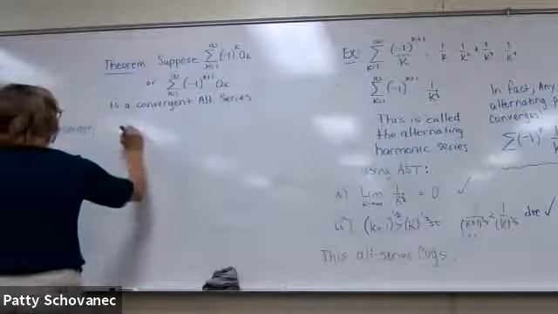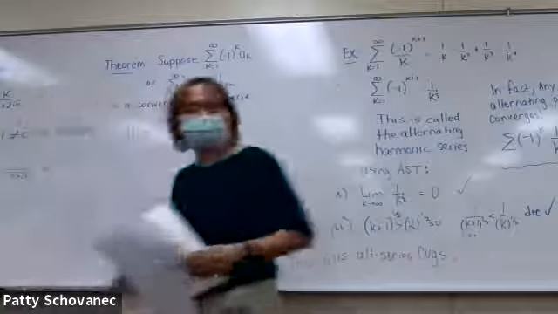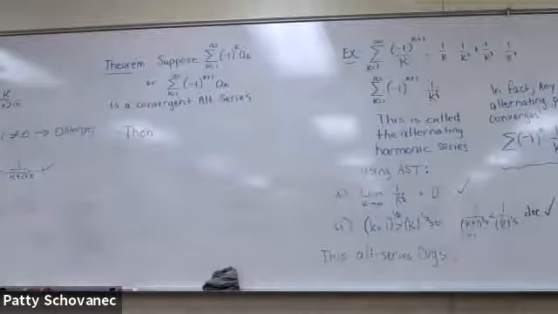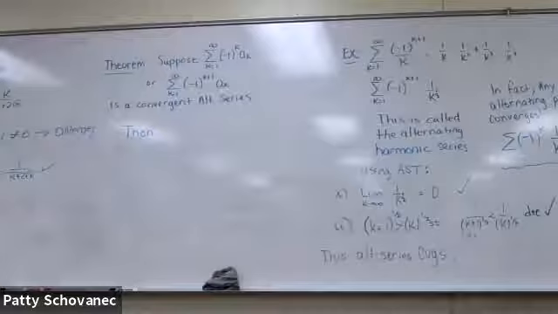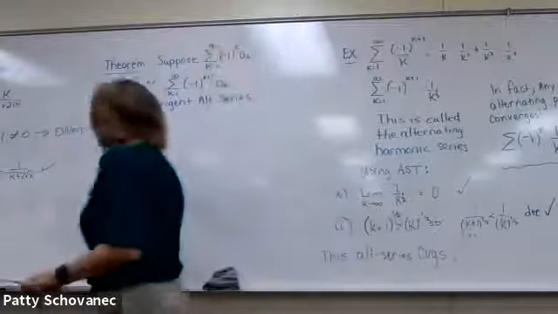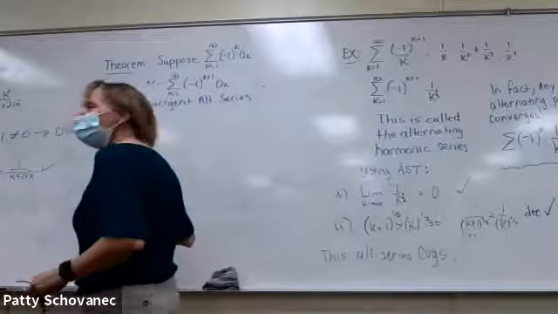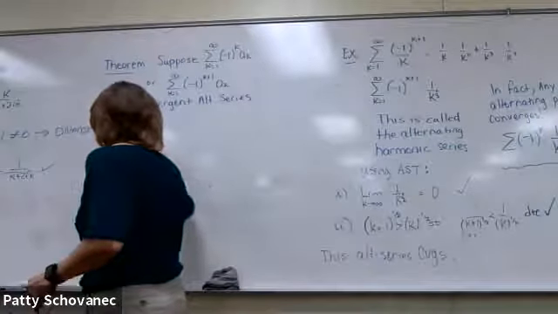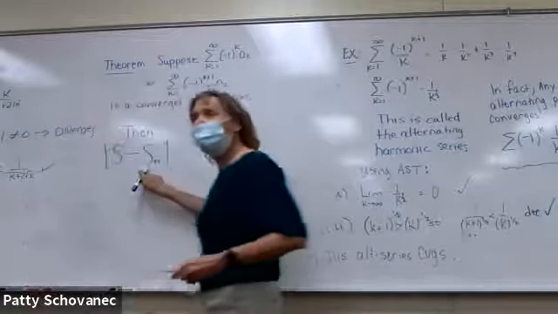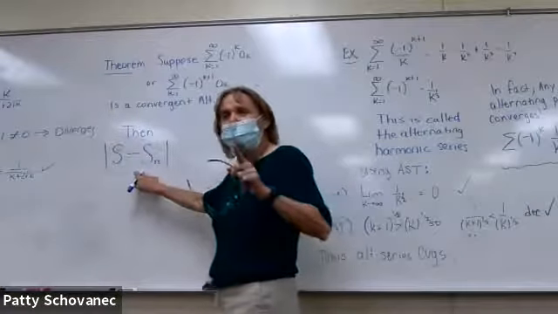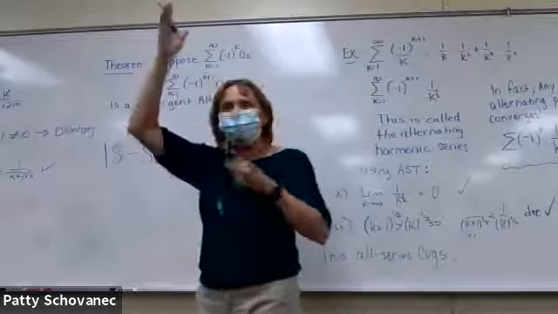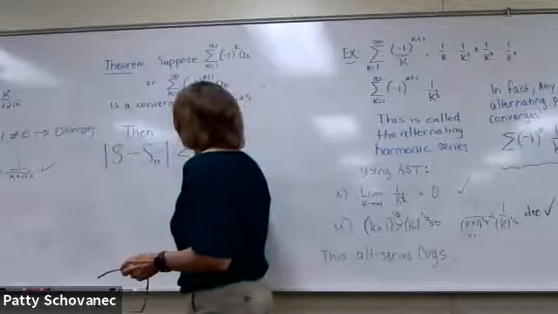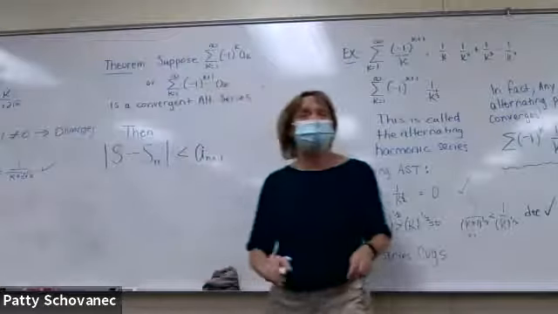Then, if I use S as the sum of the infinite series, and S_n as the sum of n terms of the series, then I can make the sum of the infinite series as close to the sum of the n terms as I want, because I know that the difference is always going to be smaller than whatever the term is that I truncate, the next one.